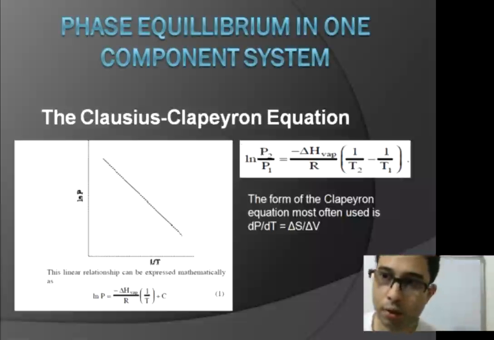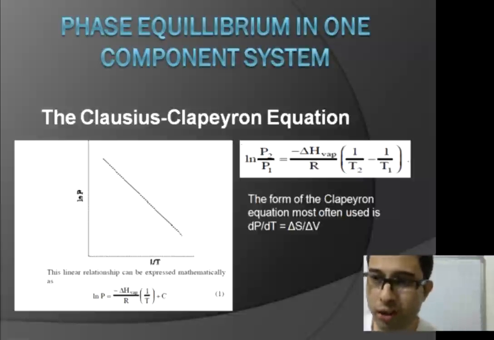So apart from the composition, you actually have three variables: composition, pressure, and temperature. If you fix the composition, that is, you fix the amount of moles for solid and liquid, then you have a combination of pressure and temperature.